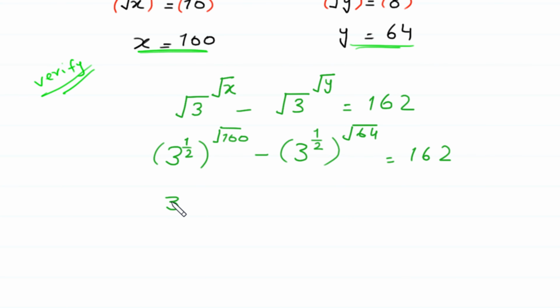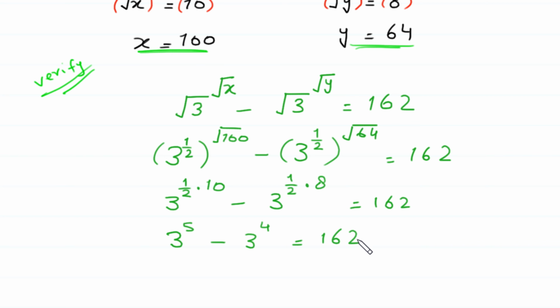Next, 3 to the power 1 over 2 times square root of 100 is 10 minus 3 to the power 1 over 2 times square root of 64 is 8 is equal to 162. Next, 3 to the power 1 over 2 times 10, 5 minus 3 to the power 1 over 2 times 8, 4 is equal to 162.